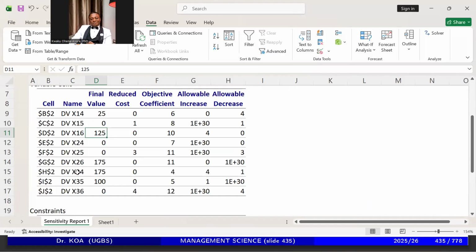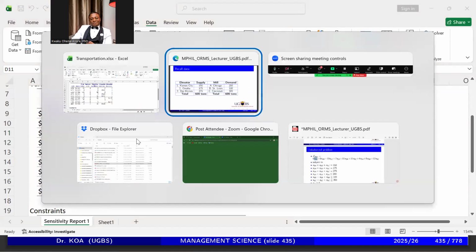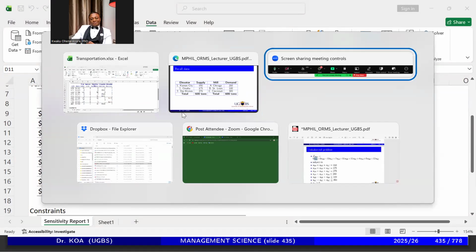And then from DM to Cincinnati, then from DM to St. Louis, and then the rest, nothing. This is what the optimal solution is. Anyway, once you have this optimal solution, you are asked some questions.